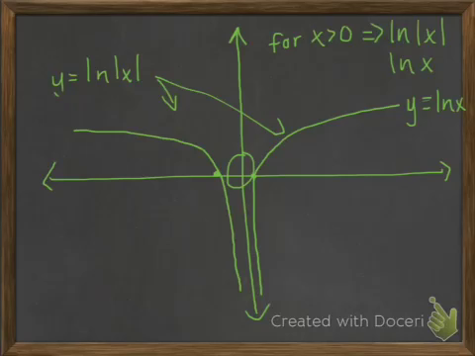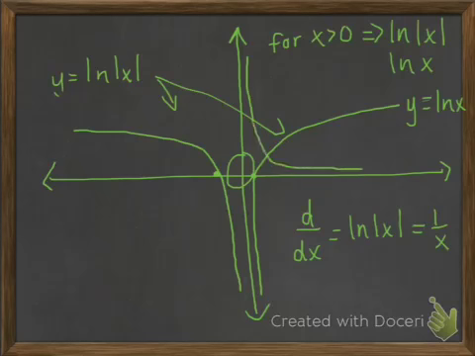Now, if we took the derivative of ln of absolute x, we're going to get 1 over x. So let's look at the graph of 1 over x. It's going to be approximately something like that, getting closer and closer to 0 but not actually touching it.